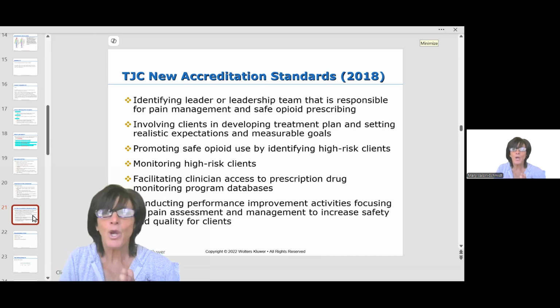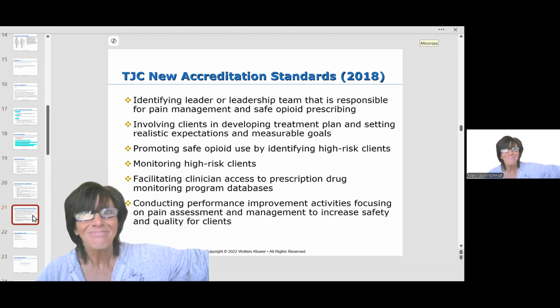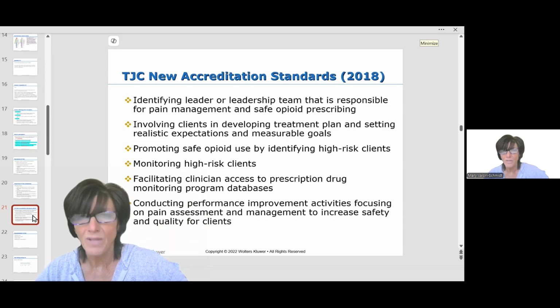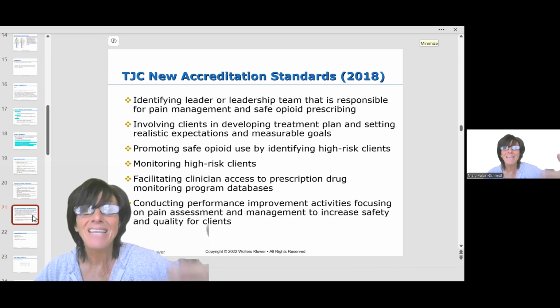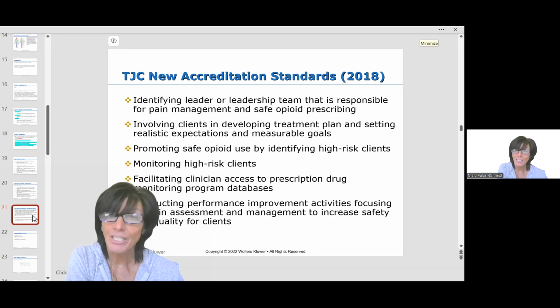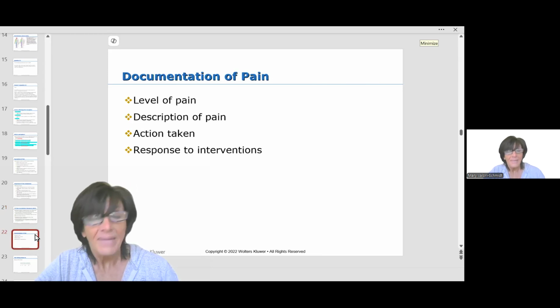However, we can't go to the extreme other side and say nobody gets any pain meds, because when you're in pain, your blood pressure goes up, your heart rate goes up. It actually impedes the healing process, right? So we need to make sure that we are safely monitoring and managing people's pain, all right? Not that we completely cut everybody off from pain relief.